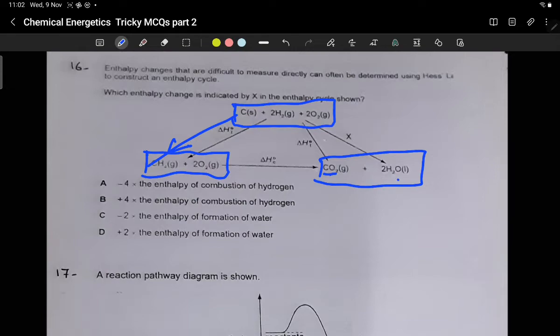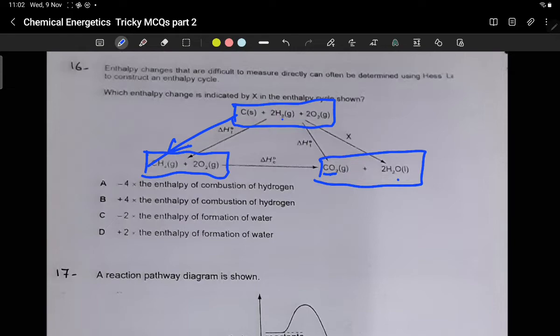So 4 into enthalpy change of combustion of hydrogen: over here 2 moles of water is formed from 2 moles of hydrogen. So this is not correct. Enthalpy change of combustion, not combustion; enthalpy change of formation should be there, or combustion can also be.